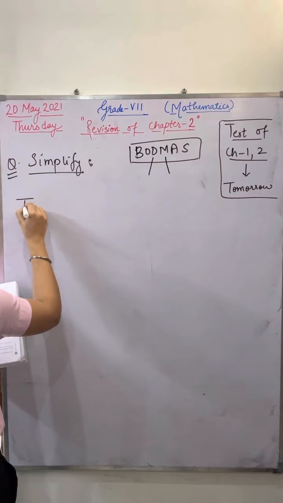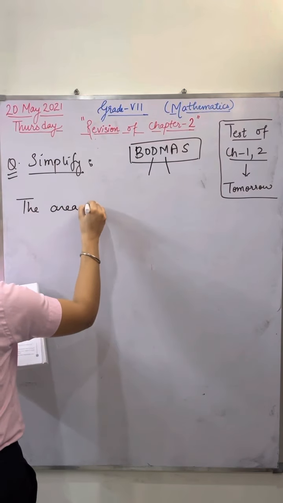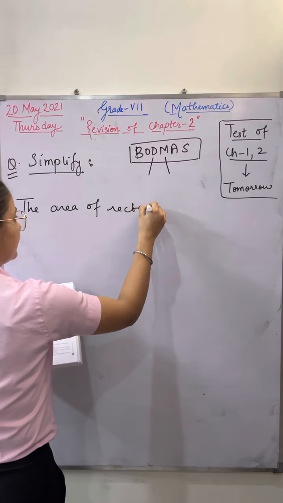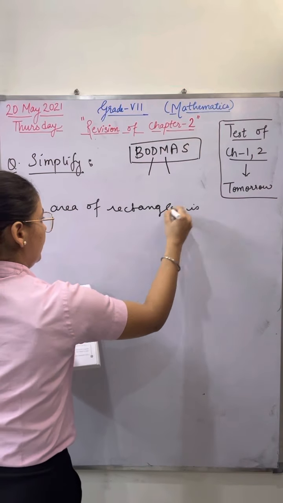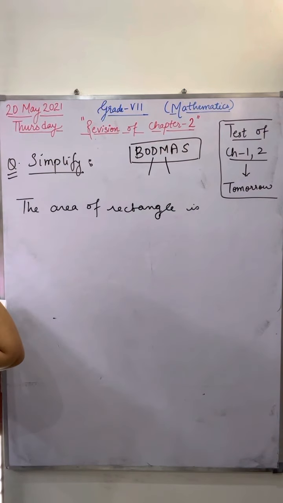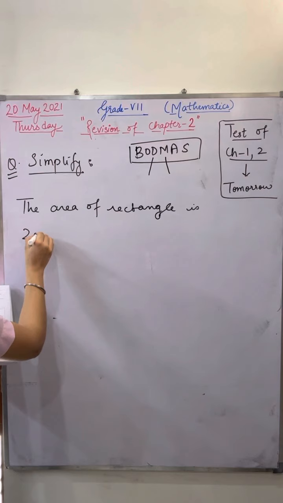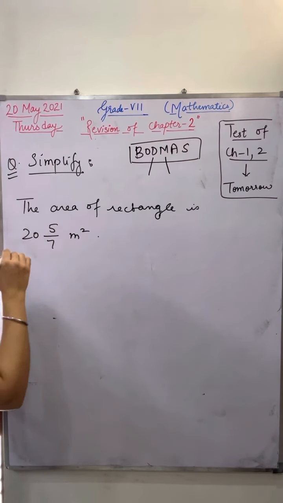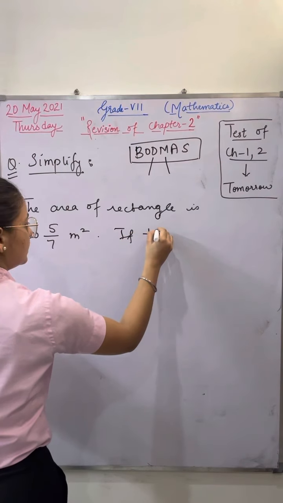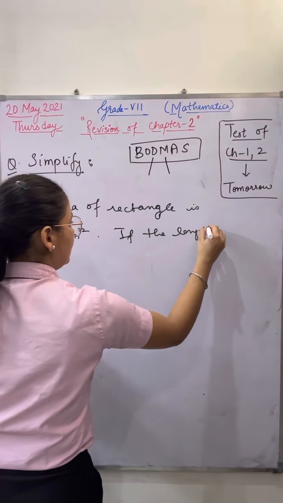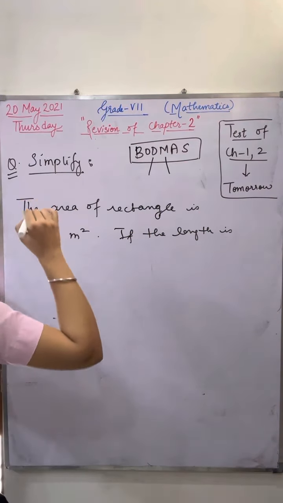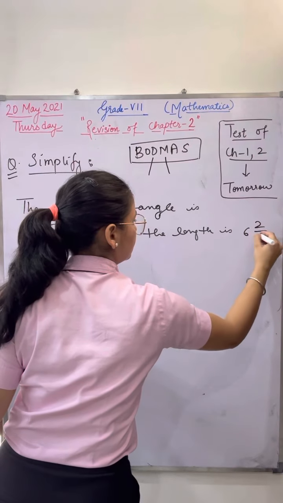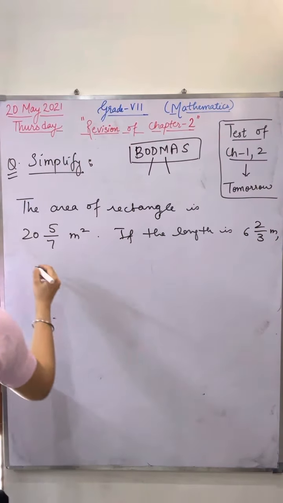The area of a rectangle is 25 upon 7 meter square. If the length is 6 by 3 meter, find its breadth.